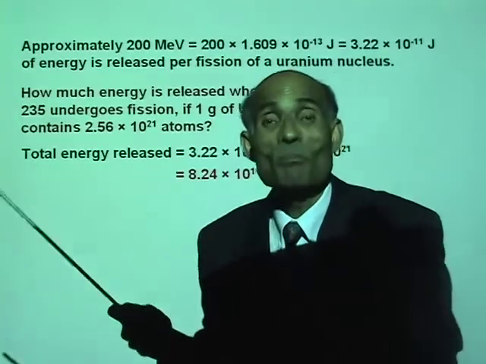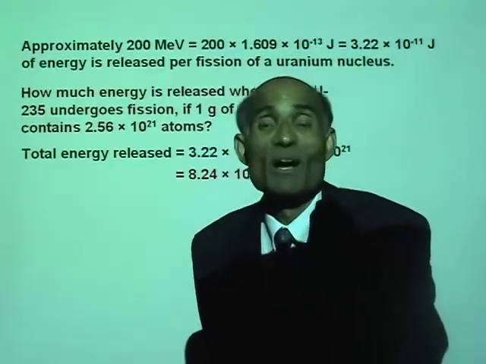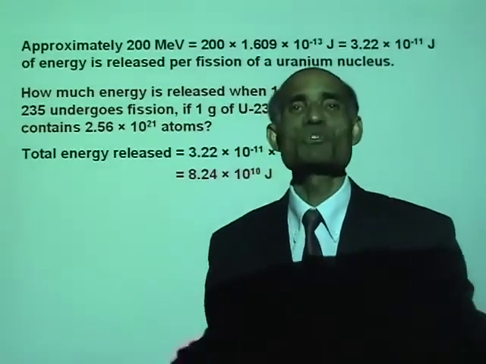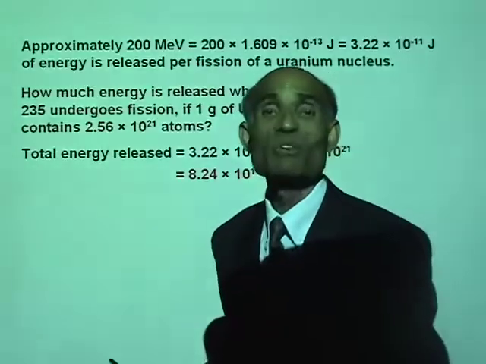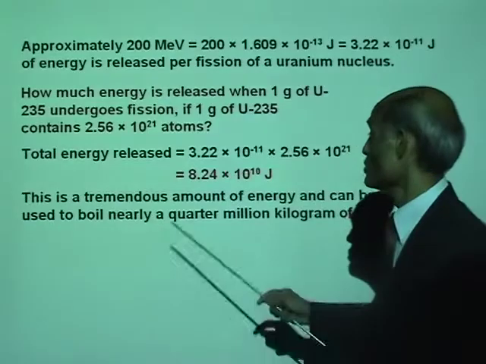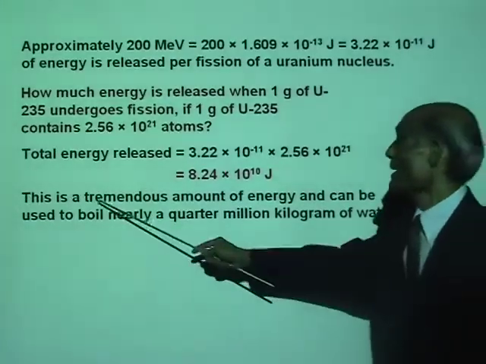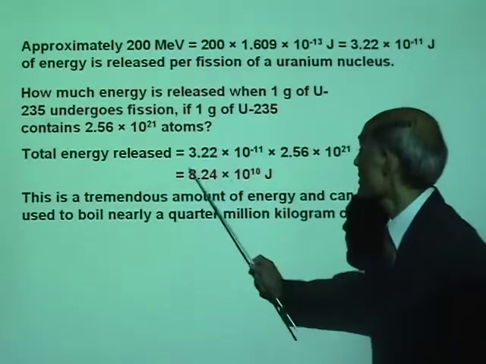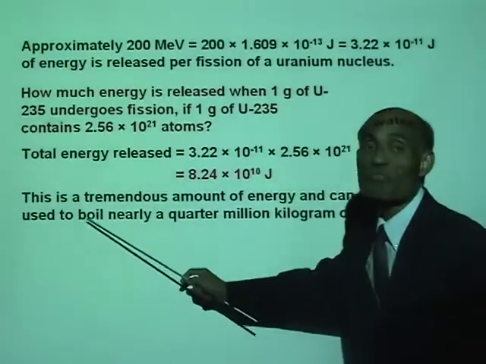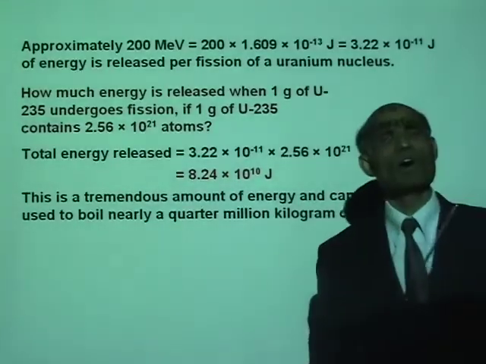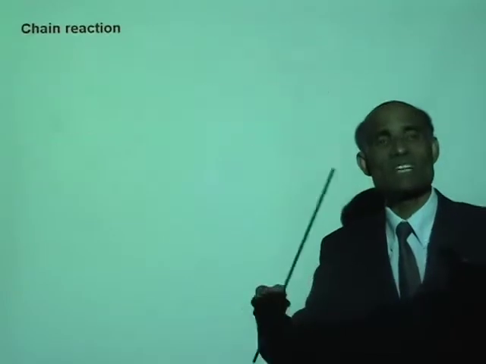In fact, the bomb that was released in Hiroshima was about 6 kilograms of this material, and you can see the damage done with that bomb. So this is a tremendous amount of energy, enough to boil 250,000 kilograms of water. You can imagine the extent of that amount of radiation.